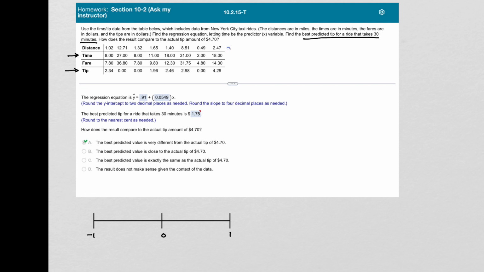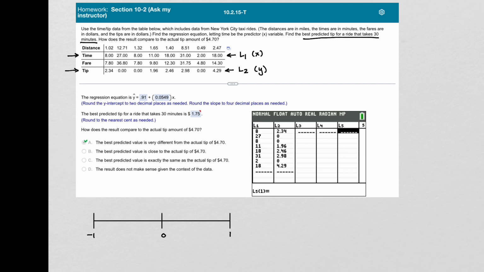So that means that time is my predictor value X. So these values go into list 1. They are the X values for this problem. And that means that the tips are going to go into list 2, and those are the Y values. So I went ahead and did that, and you can see that those values are in the lists.